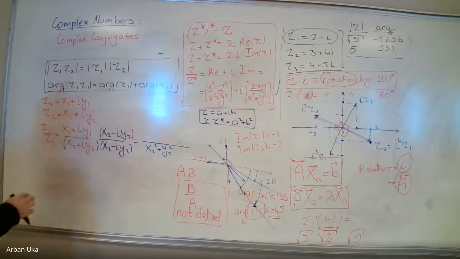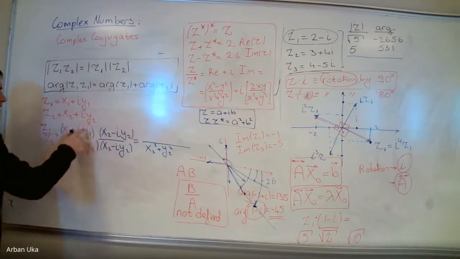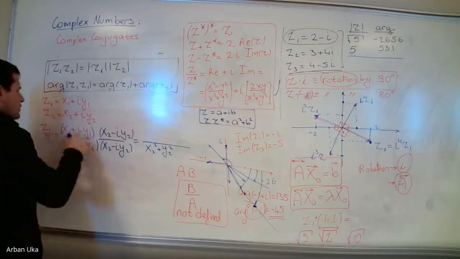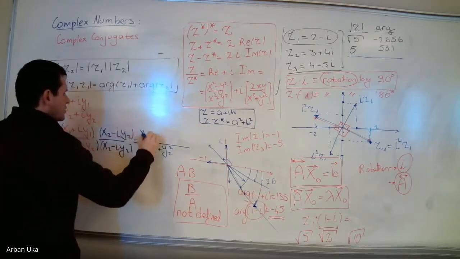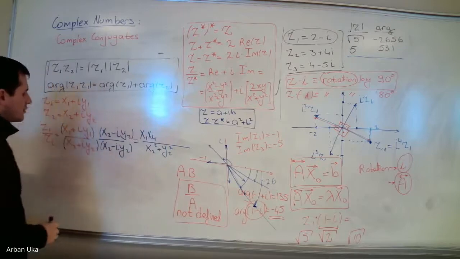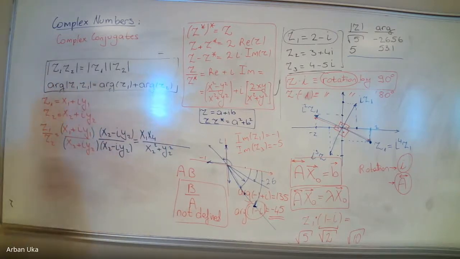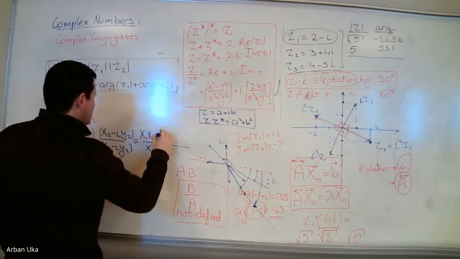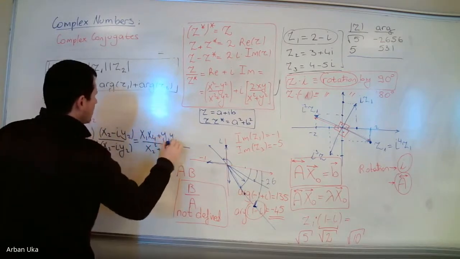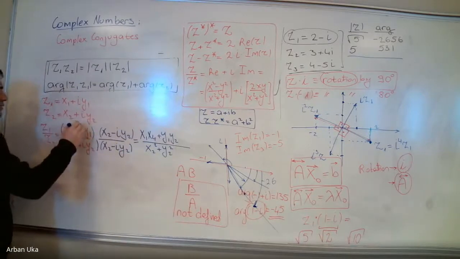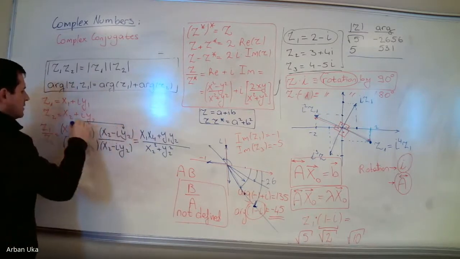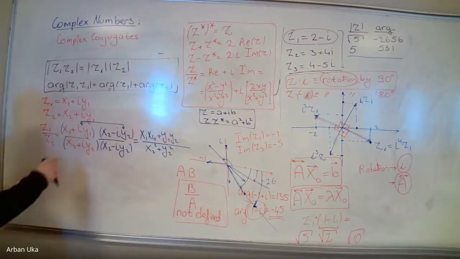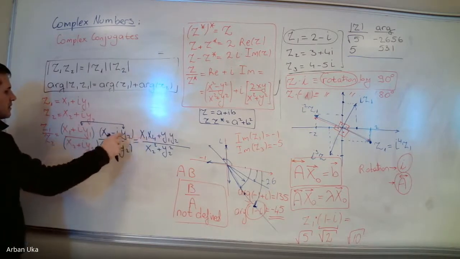And for the numerators, if we multiply these terms, we get the following. We have x1 x2, right? This is traditional. We should get 4 terms, so it should be straightforward. x1 x2, then plus y1 y2. Why is this? Because we multiply these numbers, and then this is minus I squared, which becomes plus.